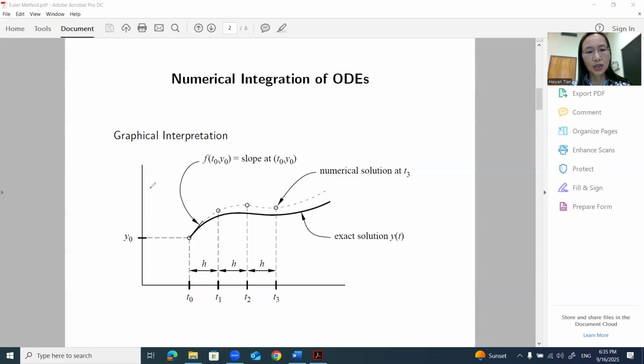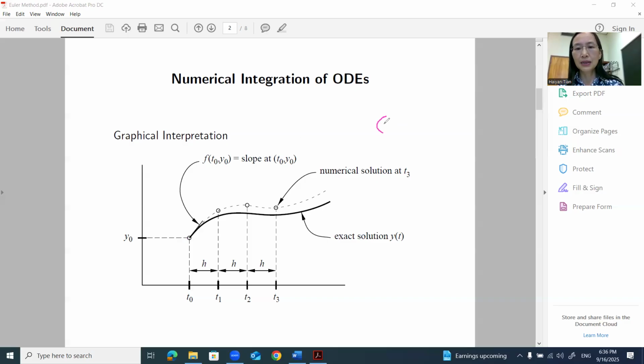So that means using Euler's method, only in the first step is our slope accurate. That is the slope at the first point, obtained by evaluating the right-hand side function. But later, because our function values are approximate, the slope is only an approximate slope, and the y value also.